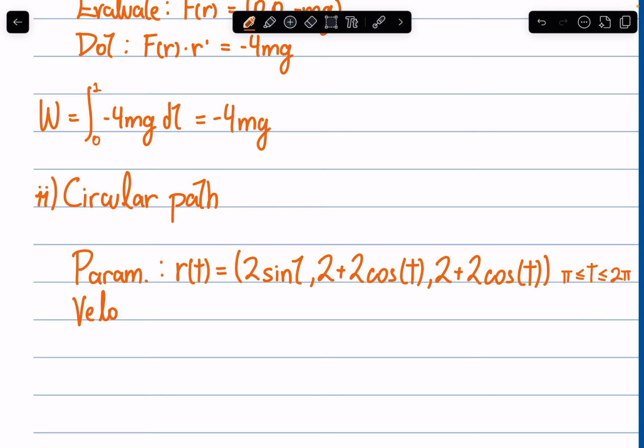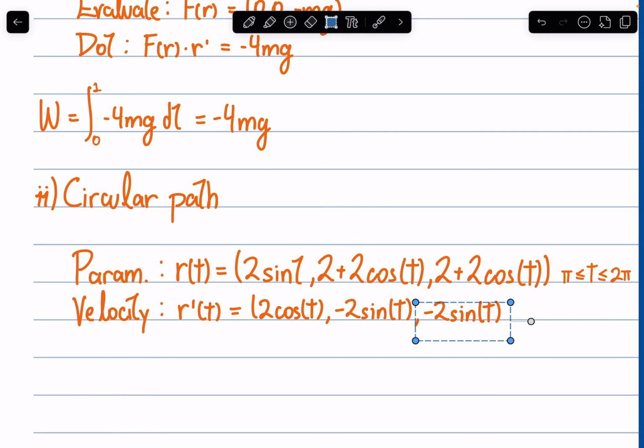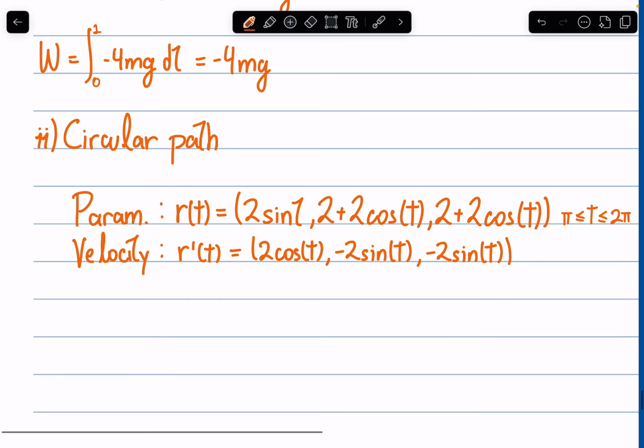The velocity is the derivative of this path. And once again, evaluating F: in this case, just because it's constant, we're good, so we don't need to.